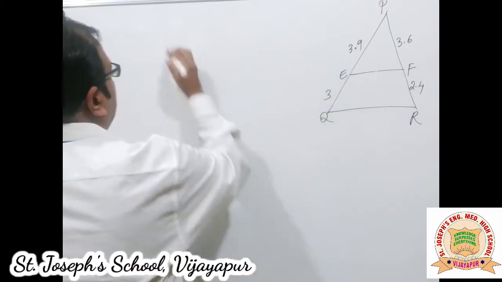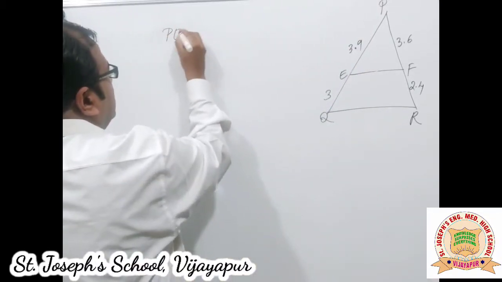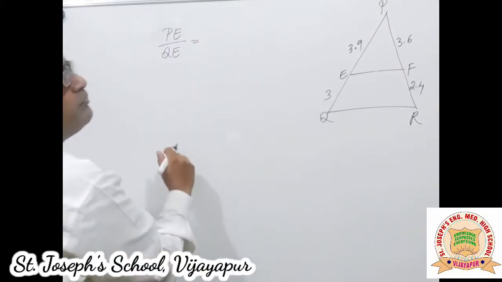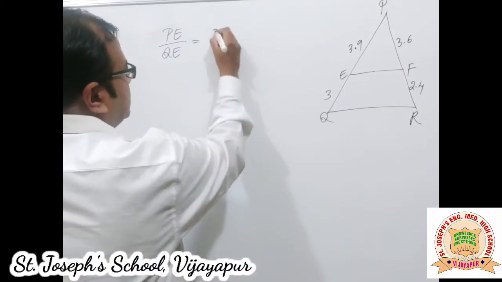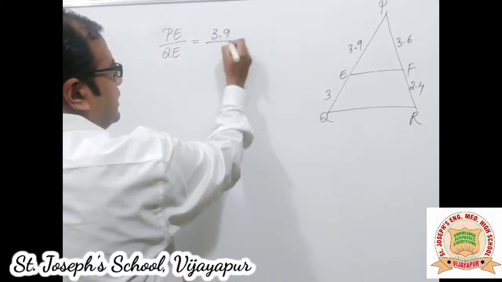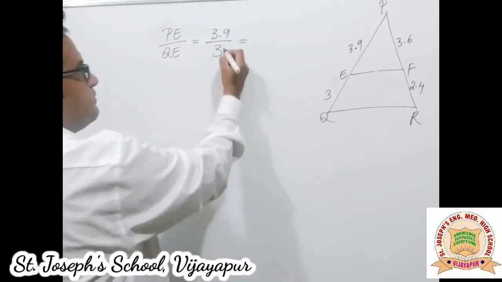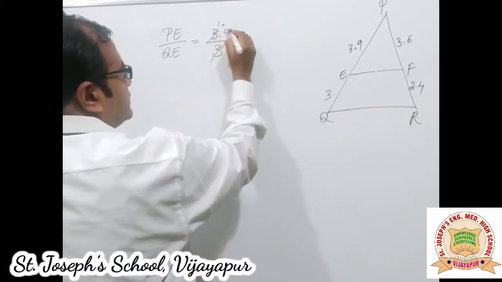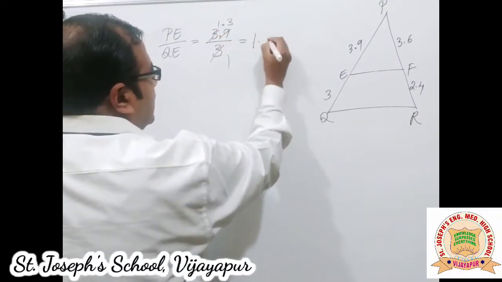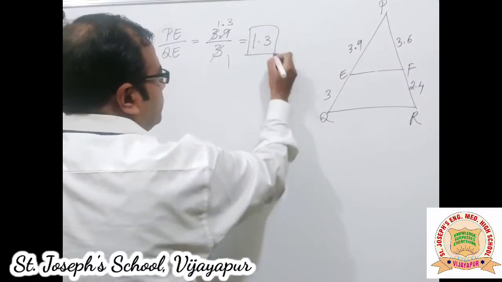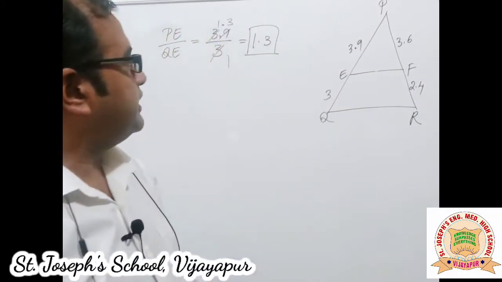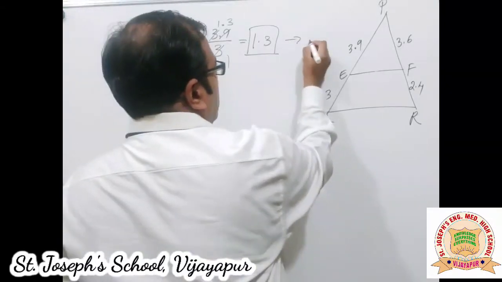PE by EQ. That is 3.9 upon 3. On simplification, 1s are 3, 1s are 3, point decimal, 3 3s are 9. 1.3 is the ratio. The simplified value of the ratio is 1.3. I'll call this equation 1.